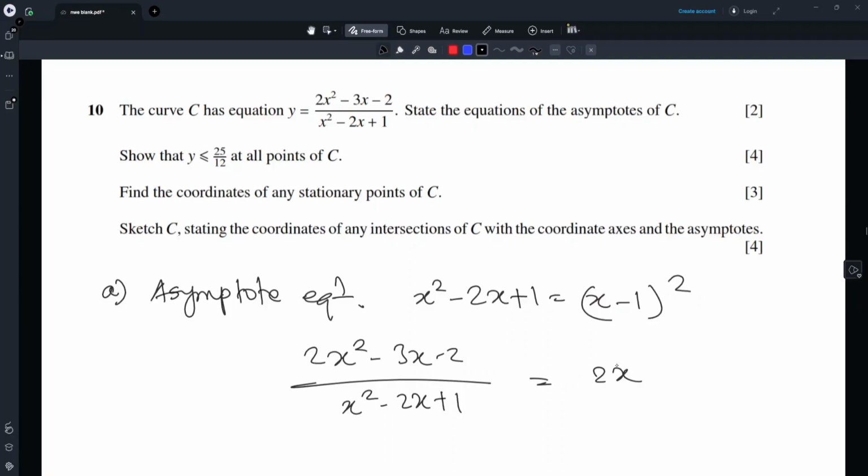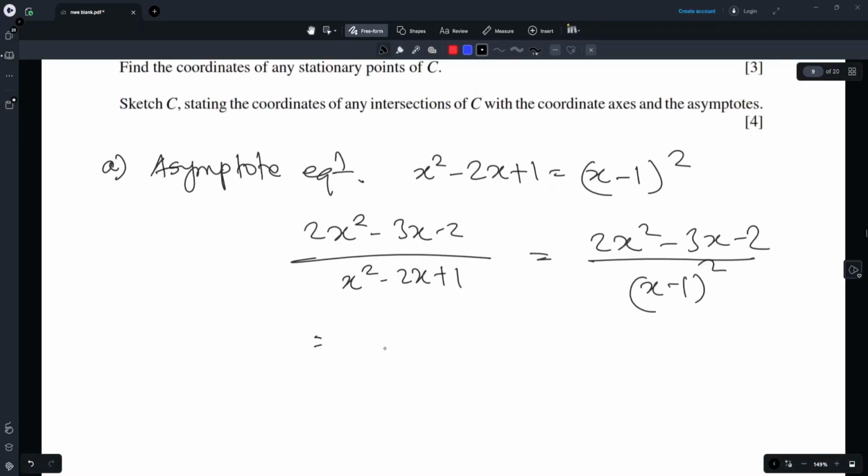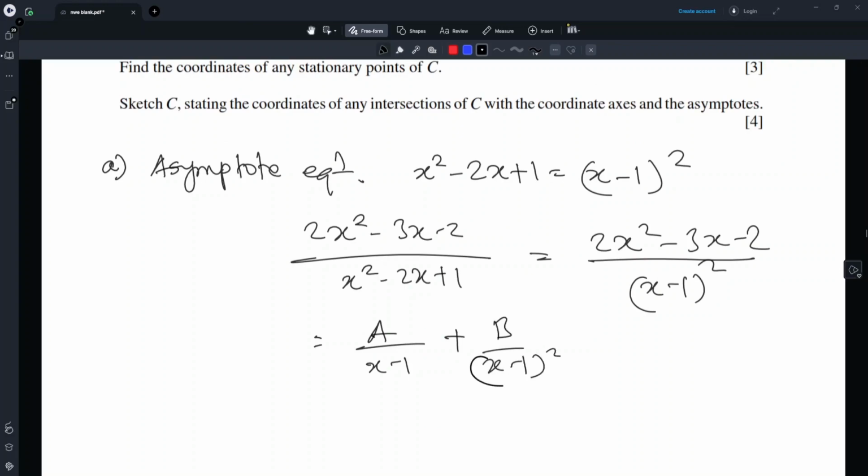This can be written as a by x minus 1 plus b by x minus 1 whole square.